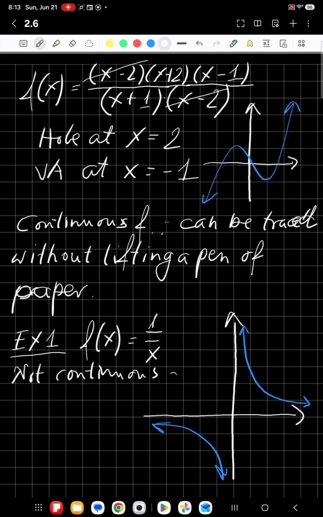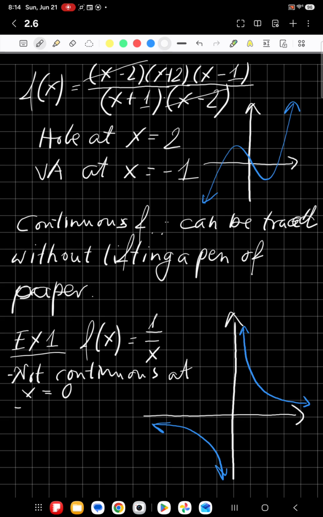And at that x equals 0, let's write a couple other comments that maybe won't make sense, but I hope soon they will. So the function is not continuous.